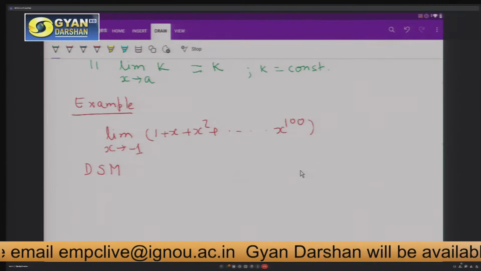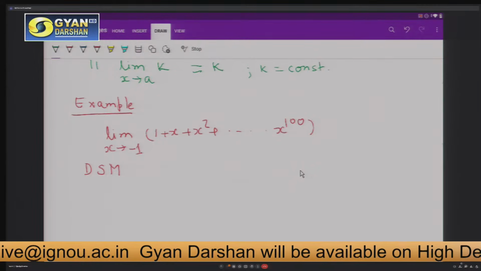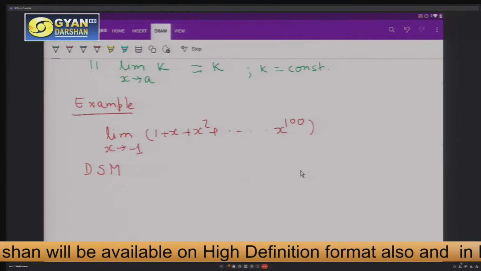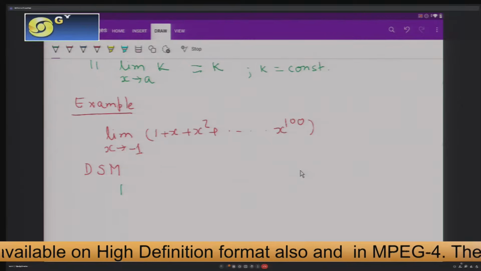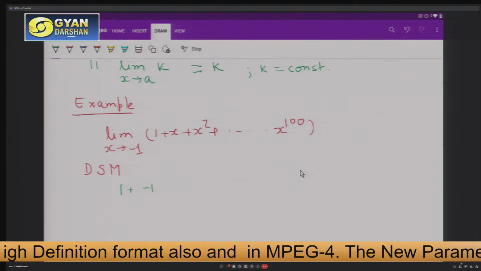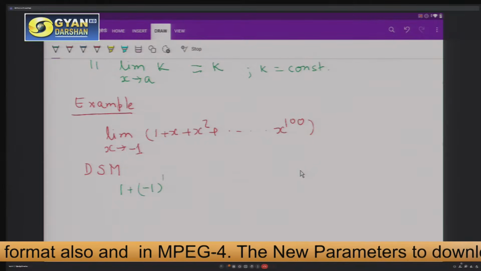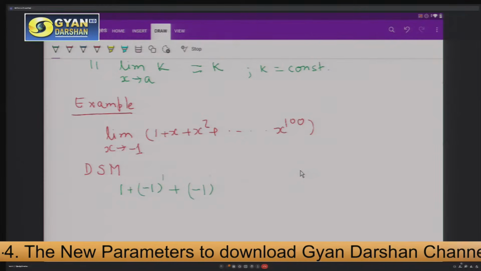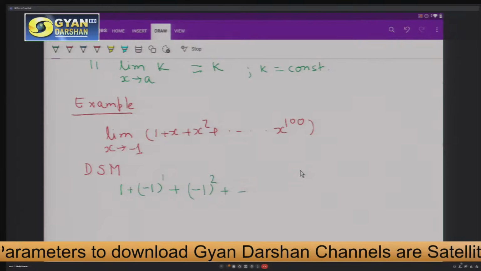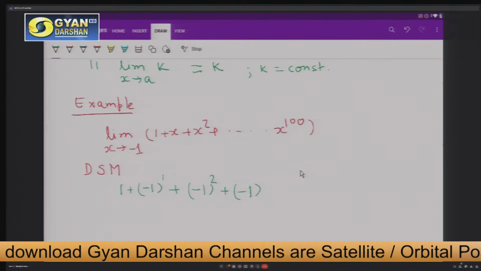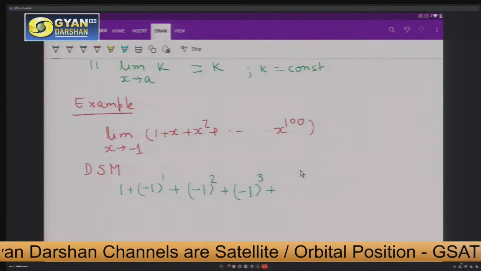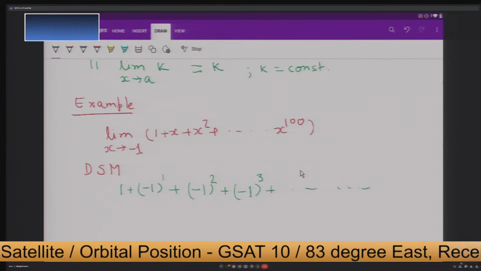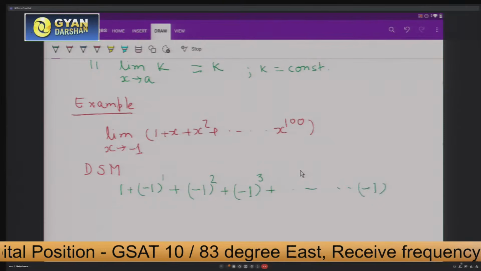We will use direct substitution, so in the place of x we will put -1: 1 plus (-1) to the power 1 plus (-1) to the power 2 plus (-1) to the power 3, and so on, up to (-1) to the power 100.